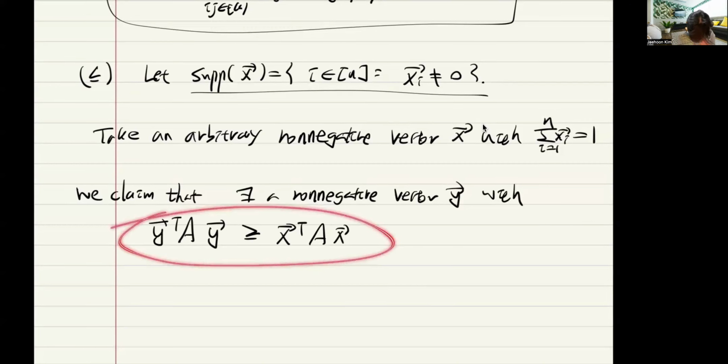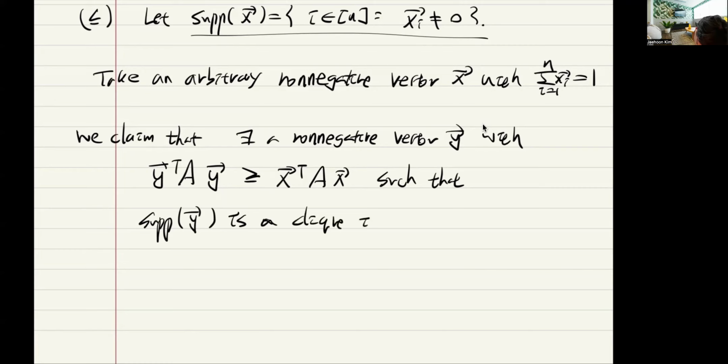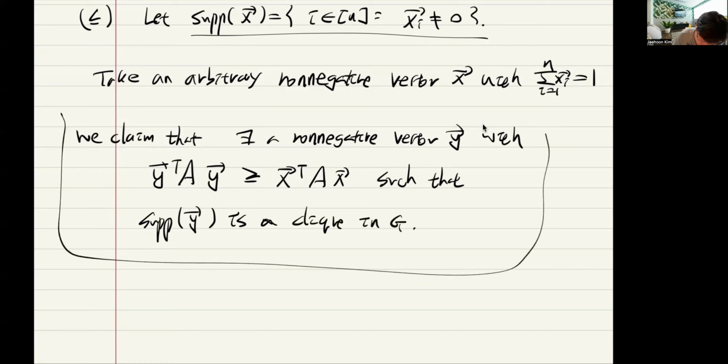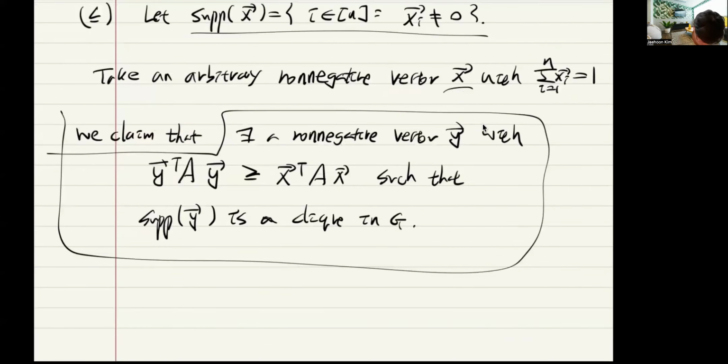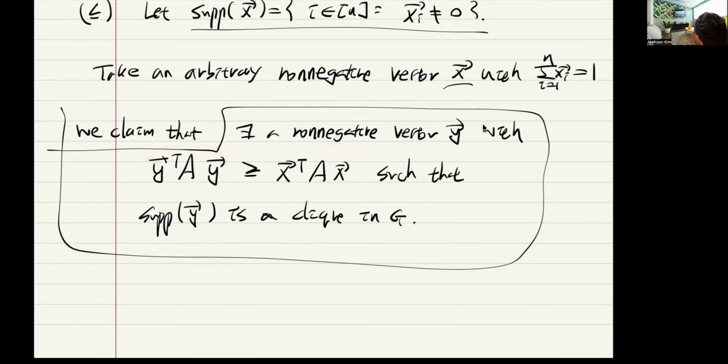This is like the Rayleigh quotient without normalizing it, such that the support of y is a clique in G. So we claim that for any x, you can find such a y, and while you're doing that, this quadratic form does not decrease.